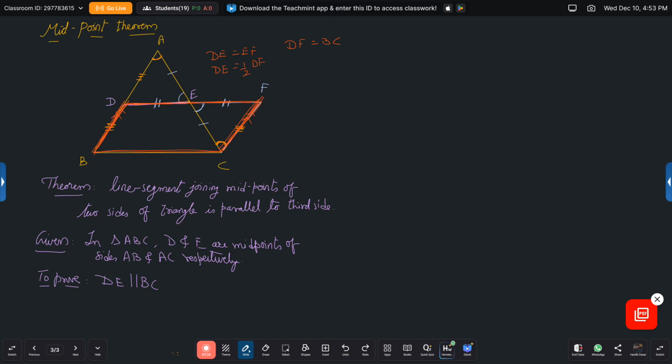So you can say that DE is half of full DF. Now DF is equal to BC, so can I replace DF with BC? Yes. So what I got is DE is half of BC, and also, as it is a parallelogram, DE is parallel to BC.